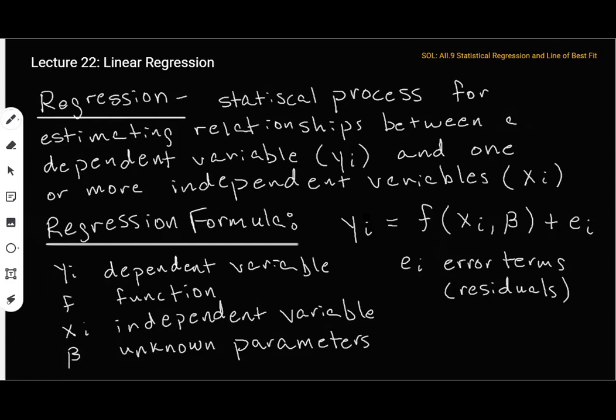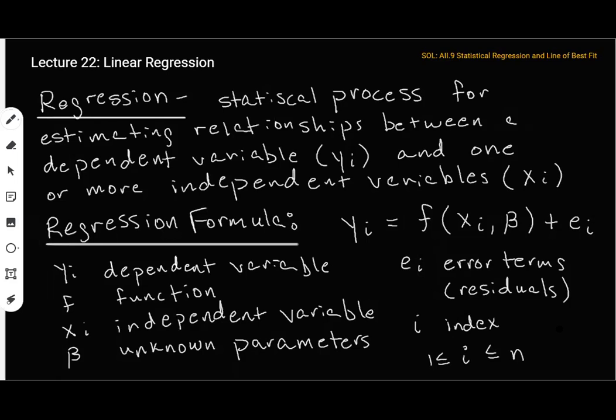Now, we do have an i at the end of a lot of stuff, and the i is just going to be an index. It's going to usually go between 1 and n. N is going to be the number of variables we have. So we could have x1, x2, x3, x4, all the way up to xn.